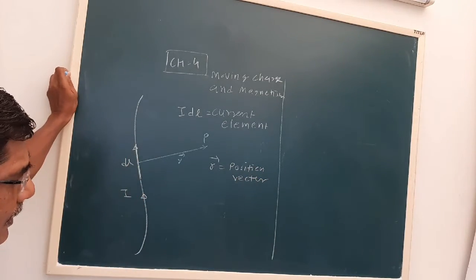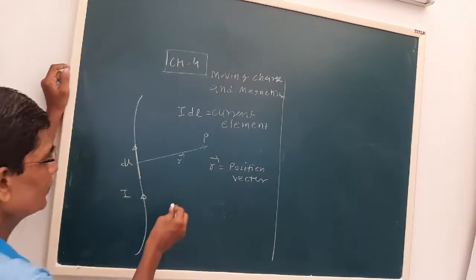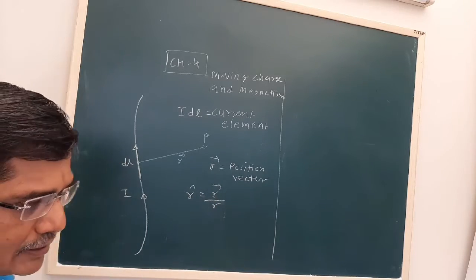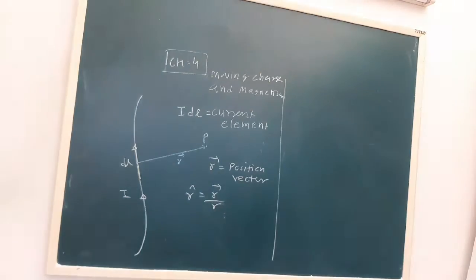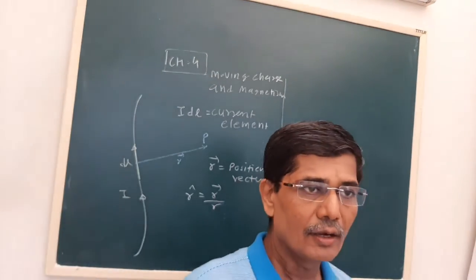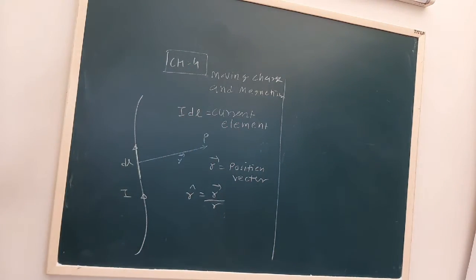In the 11th standard, we studied about the unit vector. The unit vector r caret is r upon r. R is a position vector, and r caret is the unit vector.